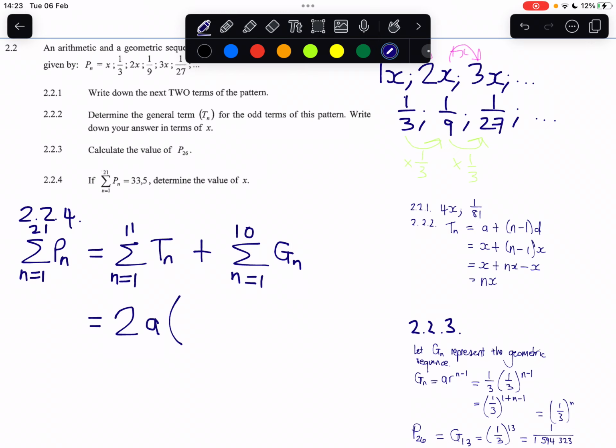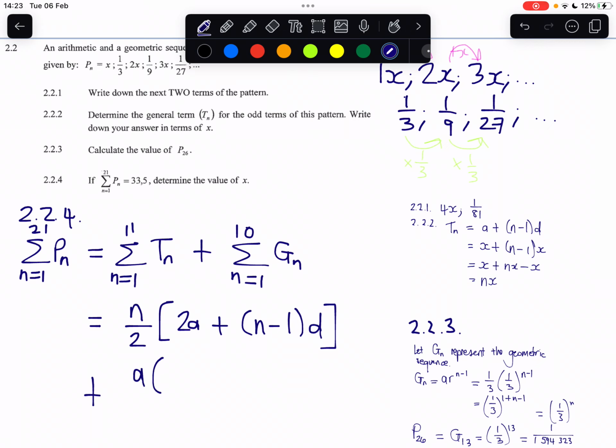It's n over 2 times 2a plus n minus 1 times d, right? That's for the arithmetic series. And then for the geometric series, it is a times r to the n minus 1 divided by r minus 1.